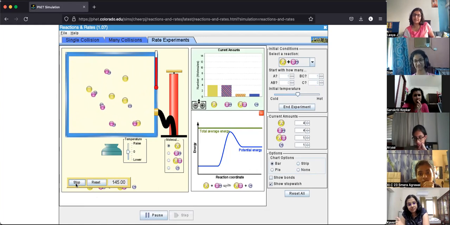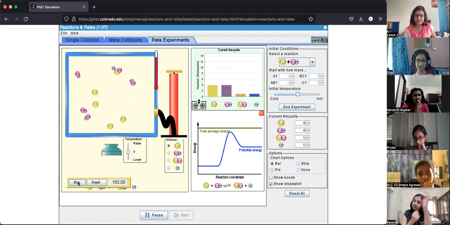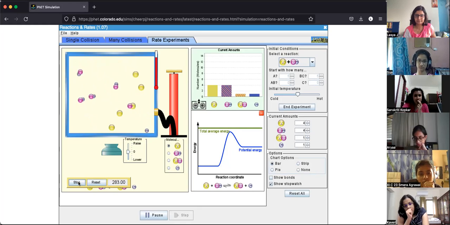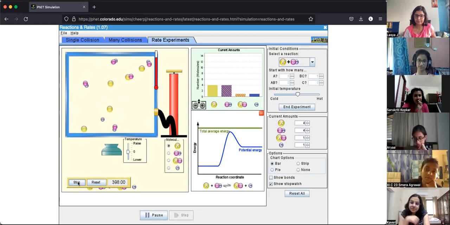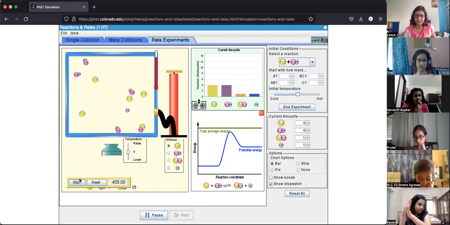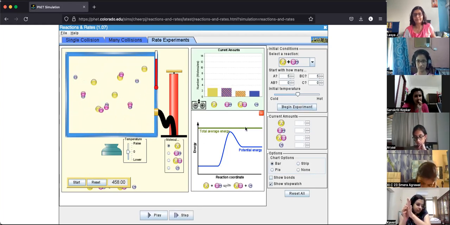So we'll let it go up to like 400-500 units. Did you increase temperature or concentration? Temperature, for now. Okay, so I let it go to 458, and you can see that 2 molecules of AB and 2 molecules of C have formed when I started with 5.